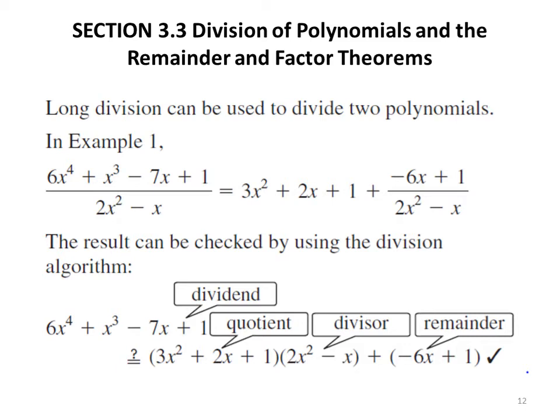It will probably be a good idea for you to check this. Multiply those two brackets and add minus 6x plus 1. You should get the original polynomial. Always, whenever you carry out the division, you can write the polynomial on top as the quotient times the divisor plus the remainder.